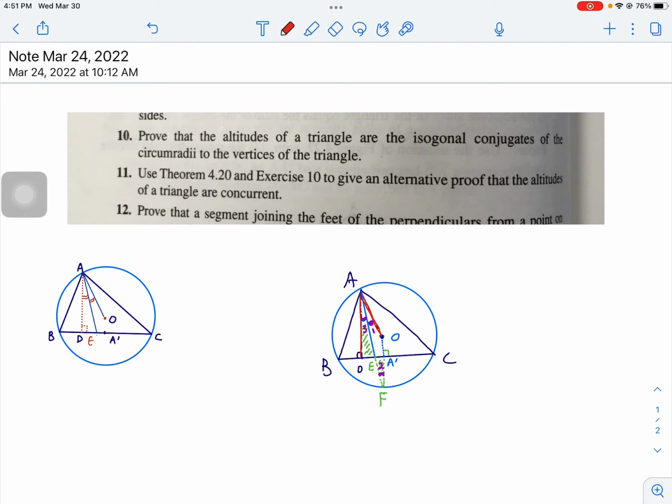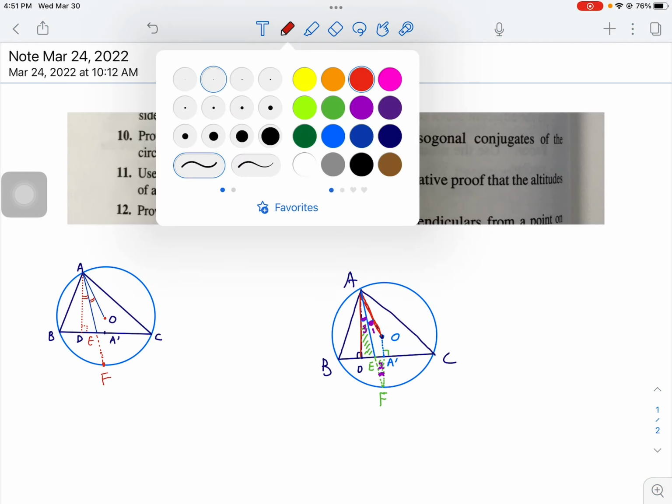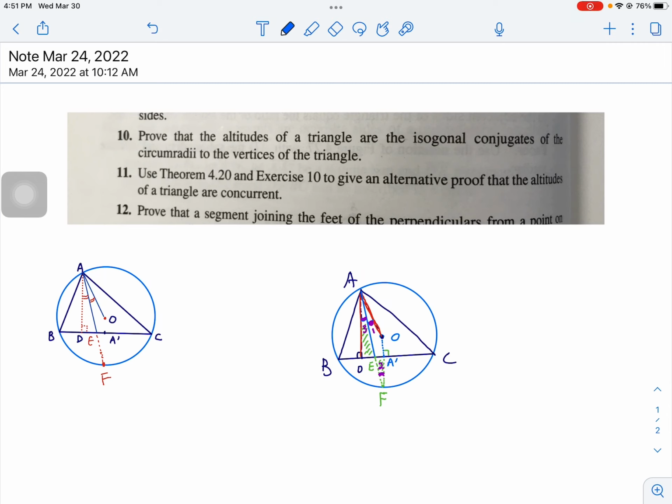Extend this AE to meet the circumcircle at, say, F. Now my suggestion was to show that these three points, O, A prime, and F, are collinear. A prime is the median, by the way, the midpoint of side BC of triangle ABC.